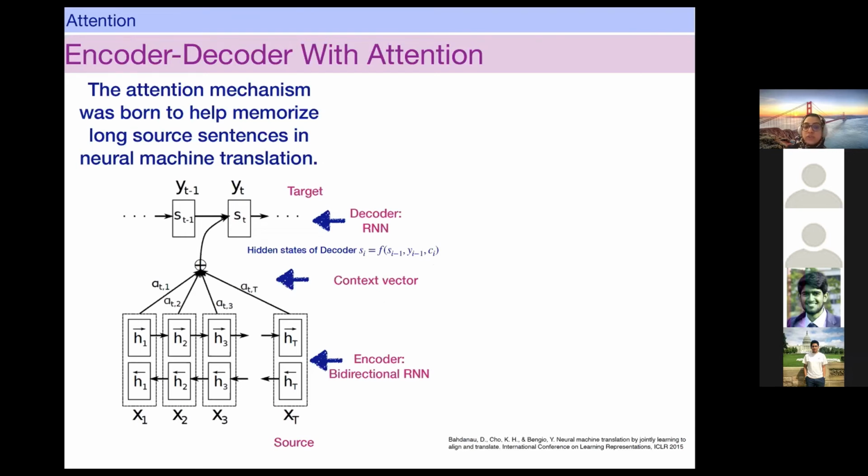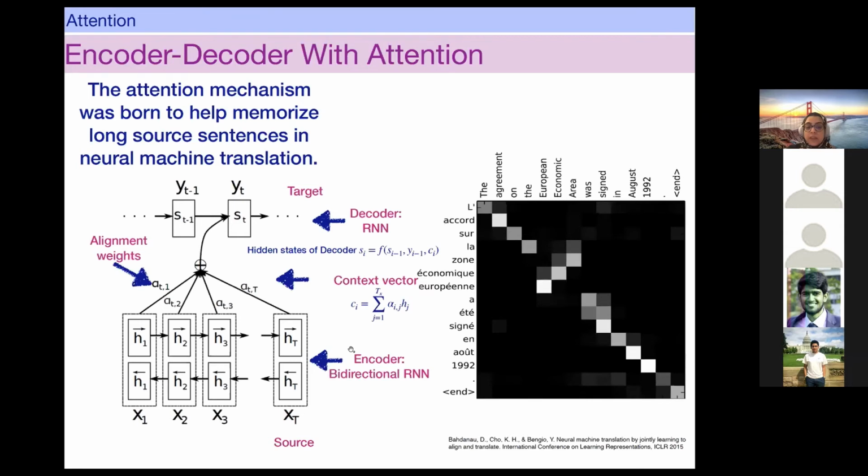So how do we get this context vector? Well, we have this alignment score, which tells us which word is important to every other word. And then we multiply the alignment score with the hidden state to get this context vector. So we end up having something that looks like this, which is called the attention matrix.